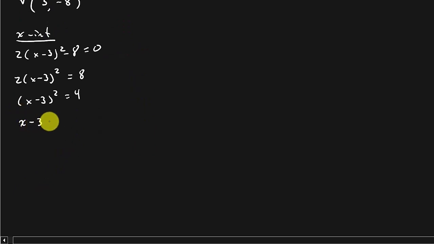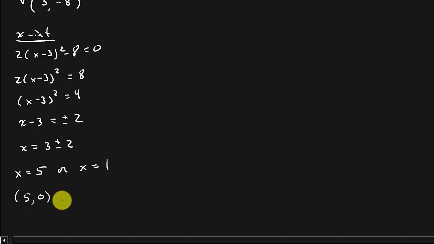So I get x minus 3 equals plus or minus the square root of 4, which is plus or minus 2. And then I'm going to add 3 to both sides. So x equals 3 plus or minus 2. So x equals 5 or x equals 1. 3 plus 2 is 5. 3 minus 2 is 1. And so my x-intercepts are 5, 0 and 1, 0.